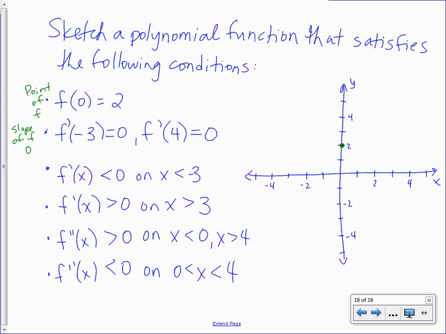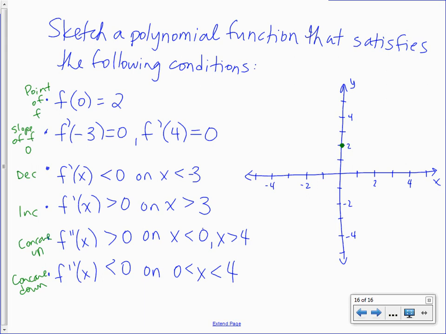What does f'(x) less than 0 mean? Decreasing. You have to translate the calculus into what it really means. What does f'(x) greater than 0 mean? Increasing. What does f''(x) greater than 0 mean? Concave up. What does f''(x) less than 0 mean? Concave down.